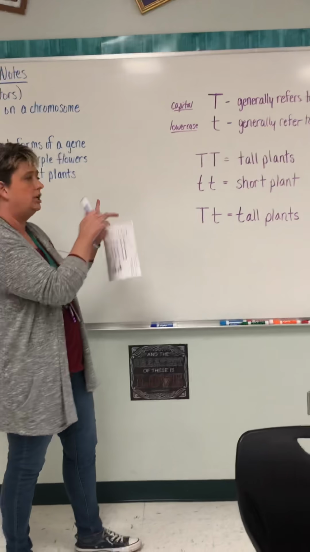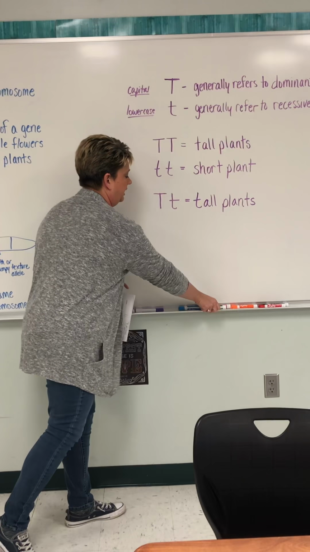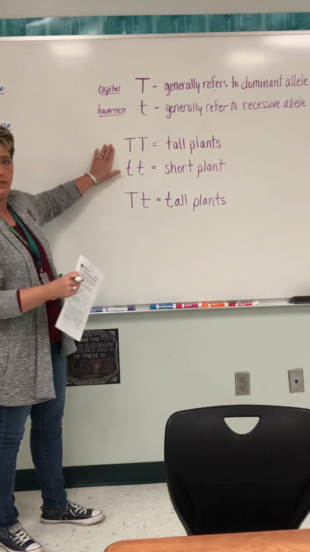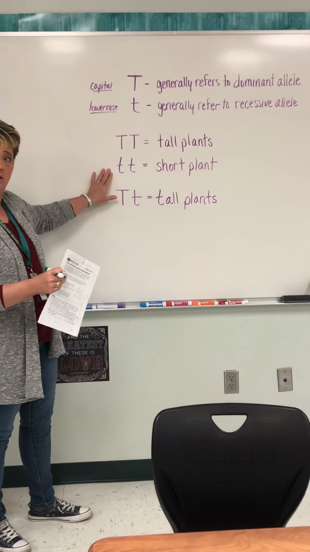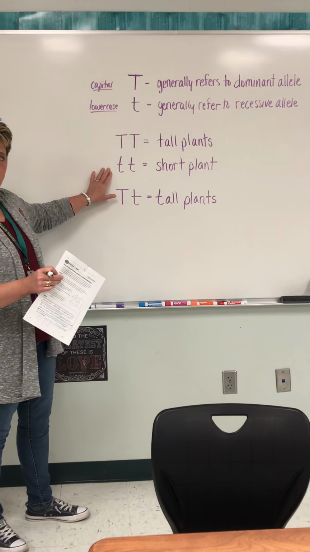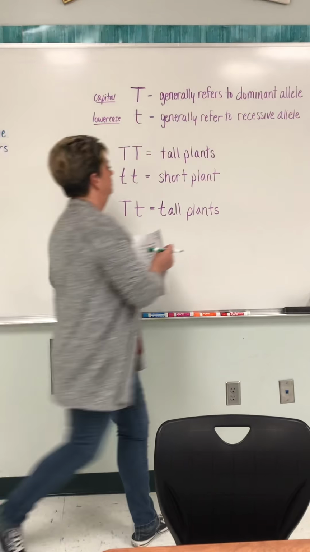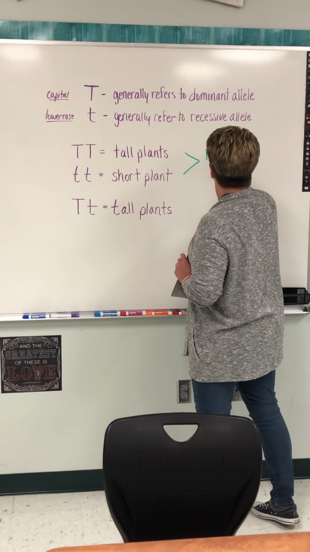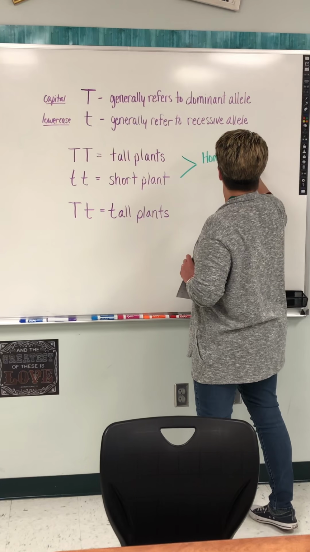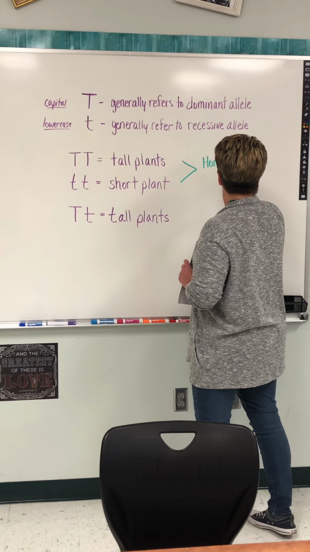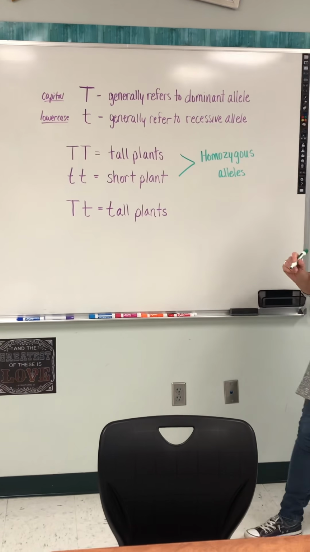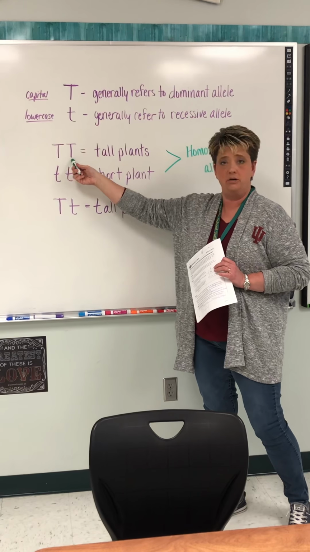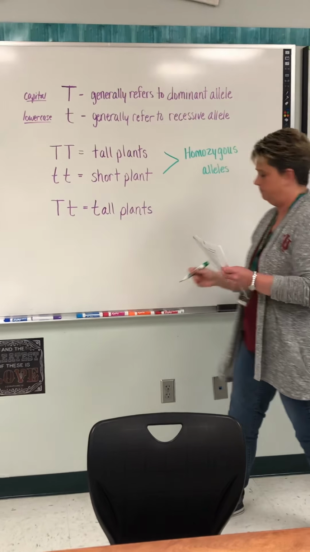Now, to go along with looking at these items, we have a few other terms that come into play. If you have two of the same allele, two capitals or two lowercase, then those particular organisms are considered to be homozygous. So homozygous alleles simply mean they are two identical alleles, whether they're two identical capital letters or two identical lowercase letters.